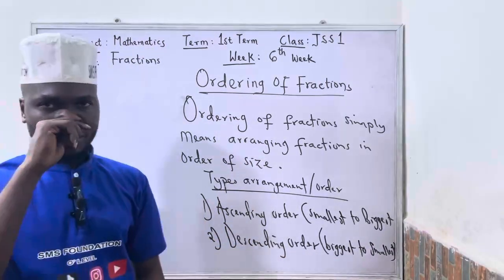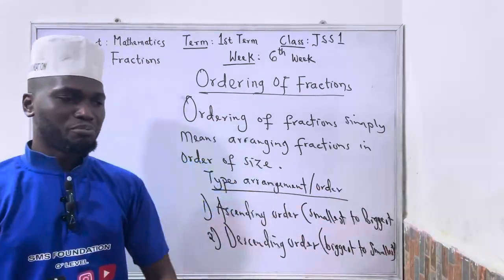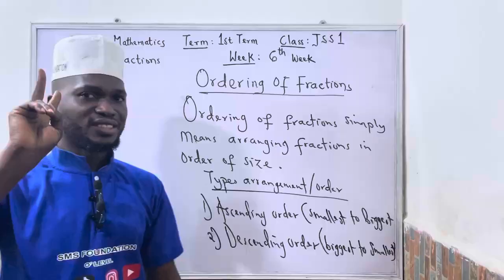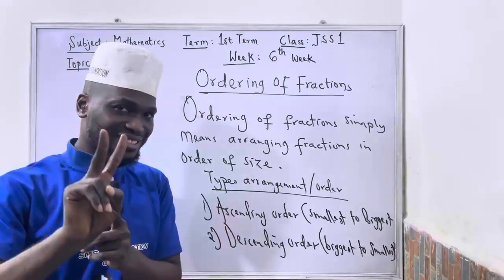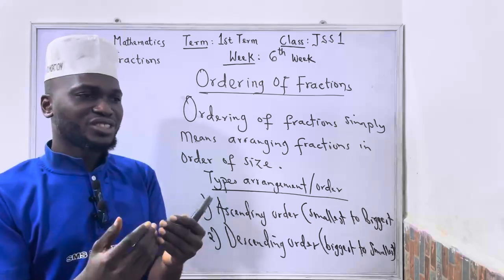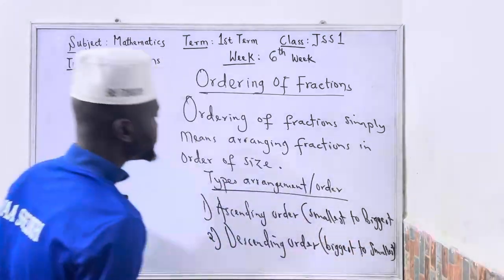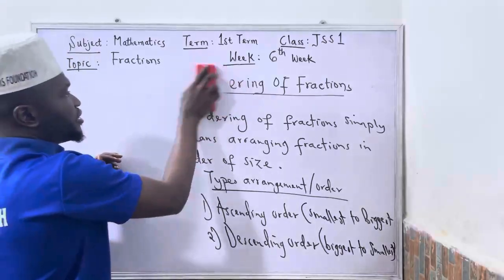However, before we can deal with multiple fractions, many fractions, we need to first deal with two fractions. Let's see how we can compare between two fractions and know the bigger and the smaller fraction.